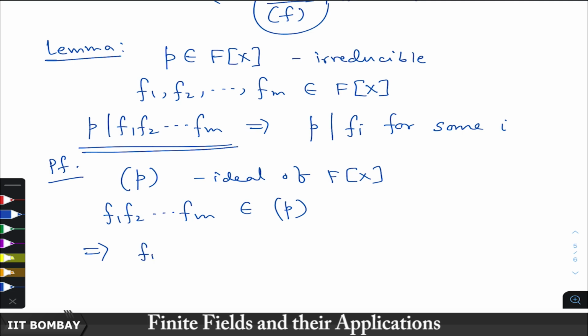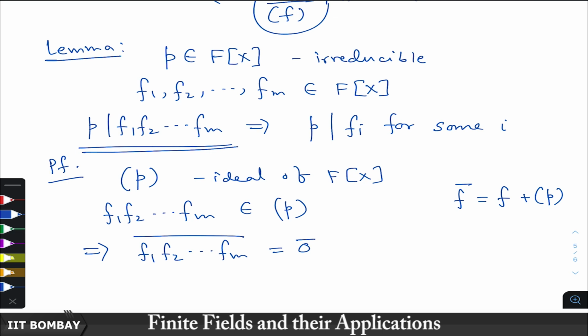For any polynomial f, we denote by this the coset f plus the ideal P, the coset of the ideal where f is. So, the coset of the product f1 f2 ... fm is the ideal itself, that is the 0 element, the coset of 0.